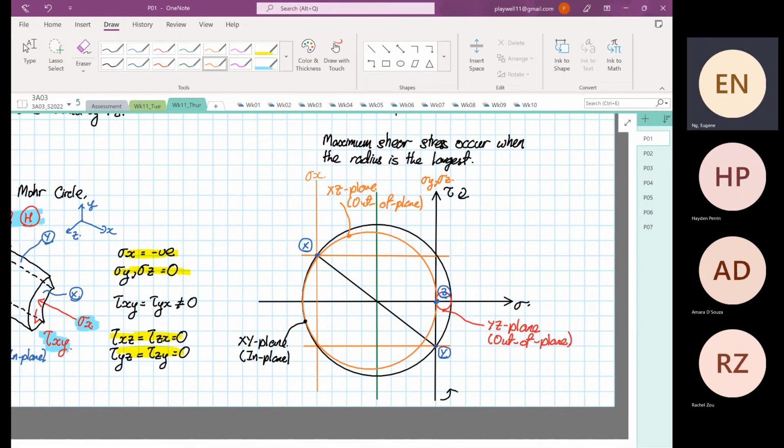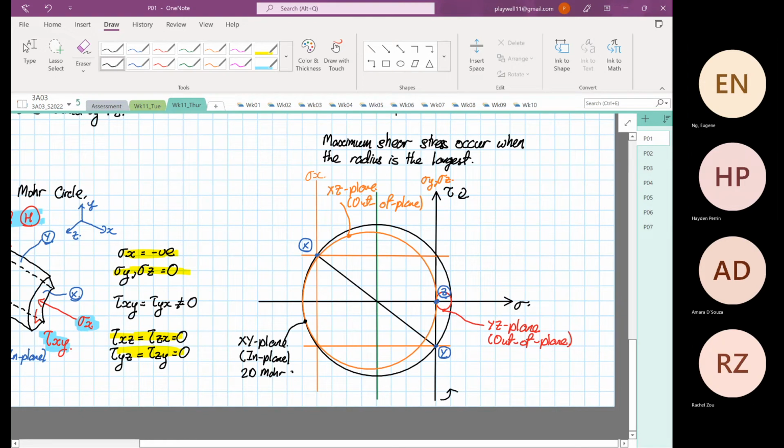When we construct the XY plane, we just apply 2D Mohr circle, yes or no? We can get our larger circle. Whereas for the YZ and XZ planes, we have to apply 3D Mohr circle.